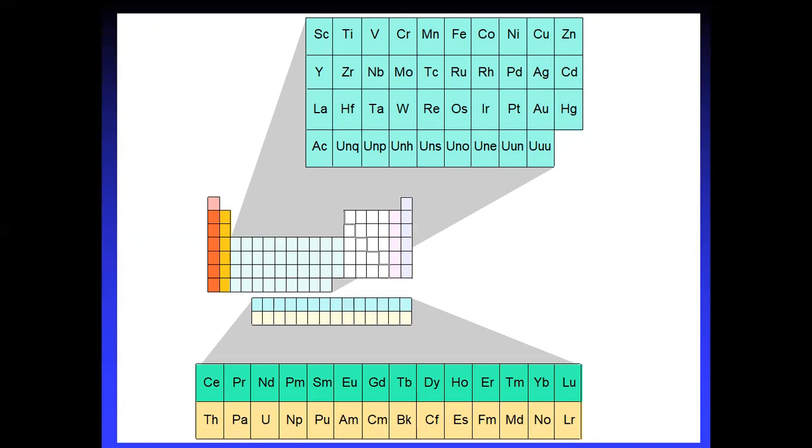In the second transition series, yttrium through silver, the differentiating electrons enter the 4d orbitals, and there are more irregularities. The irregularity of the configurations is with respect to molybdenum and silver. Just like chromium, molybdenum and silver can be explained based on the stability of half-filled and fully filled shells.